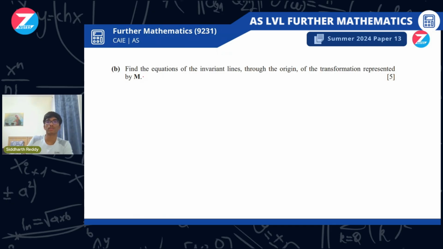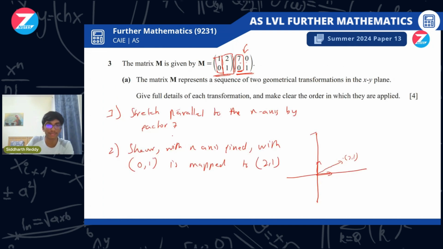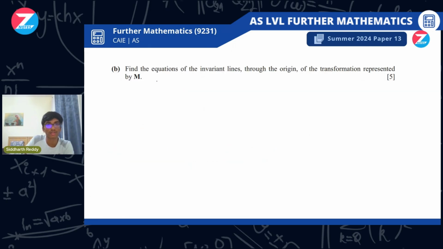Next: find the equations of the invariant lines through the origin of the transformation represented by M. Let's first find out what M is. M is a combination of two matrices, so M is equal to 1, 2, 0, 1 times 7, 0, 0, 1.